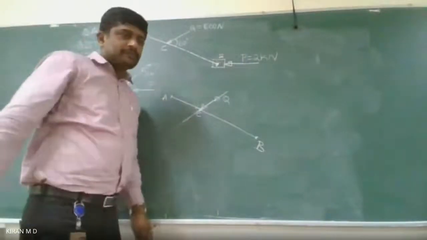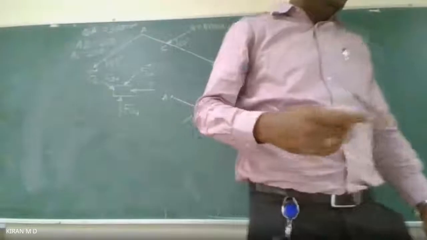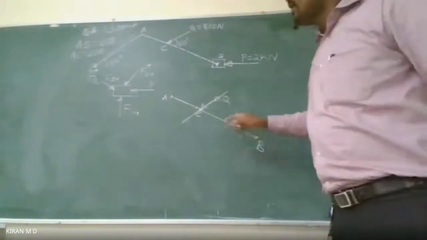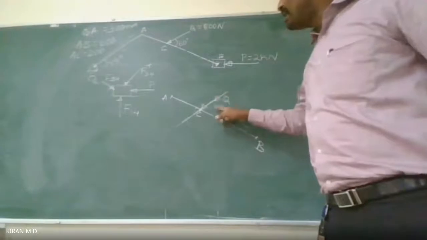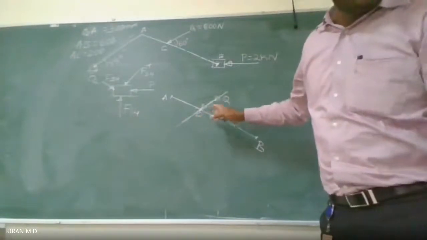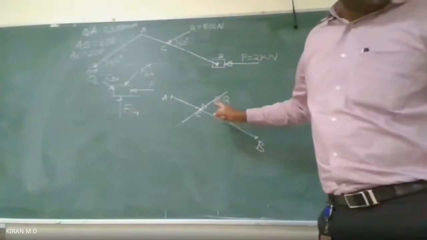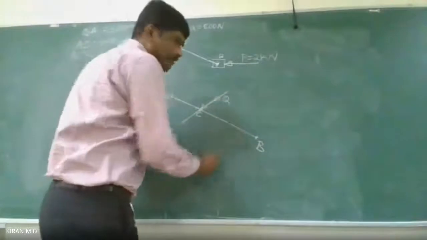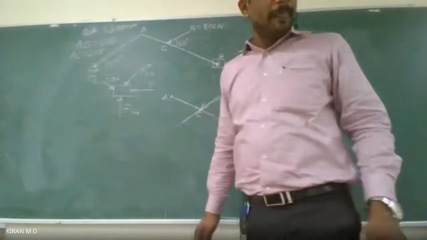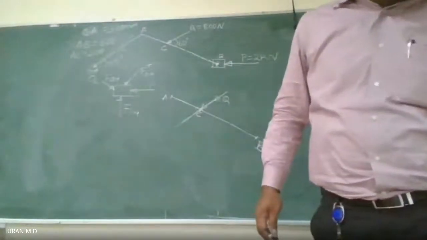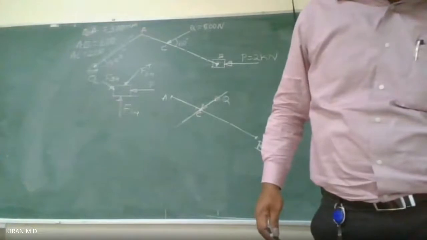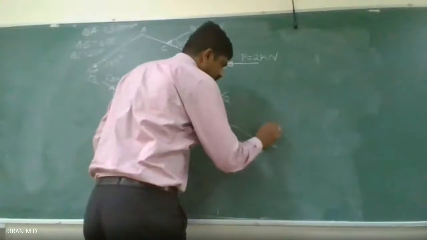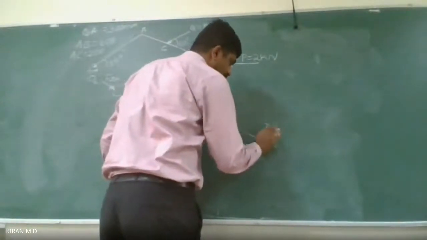Now we will come to how to get the forces. What is this force? This is only the force Q. To withstand this one, what force do we need and what is its direction? This is the direction of F34.